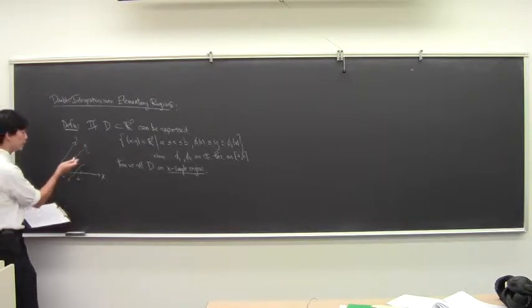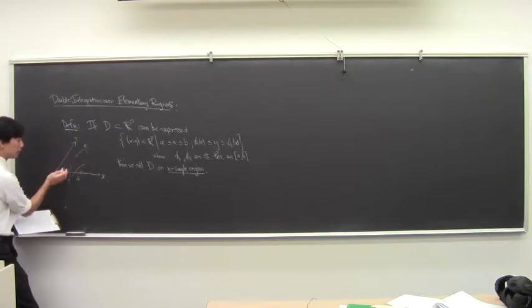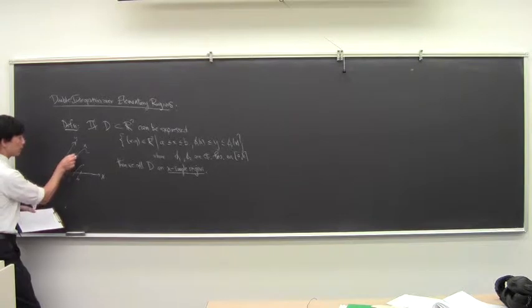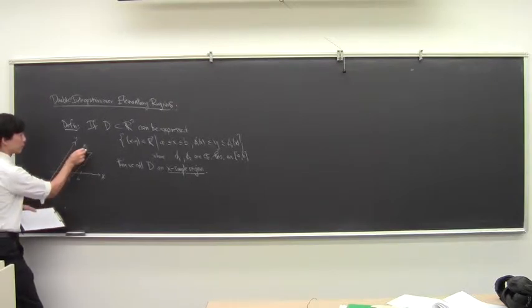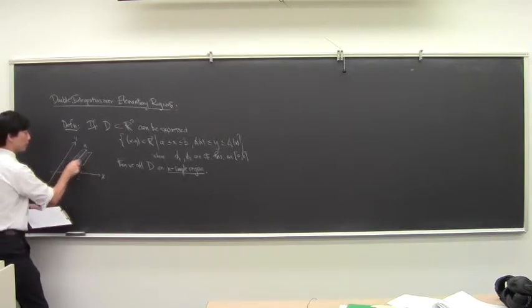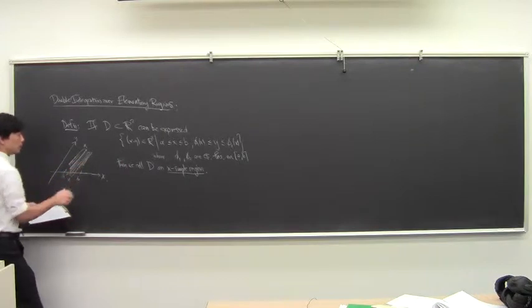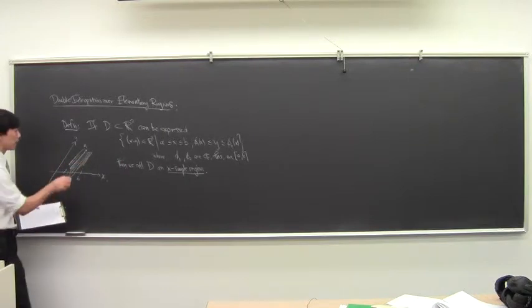And so for each fixed x, the region lies between phi1 of x and phi2 of x, right? So it's this region here.